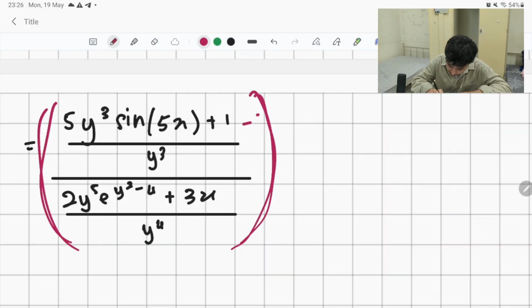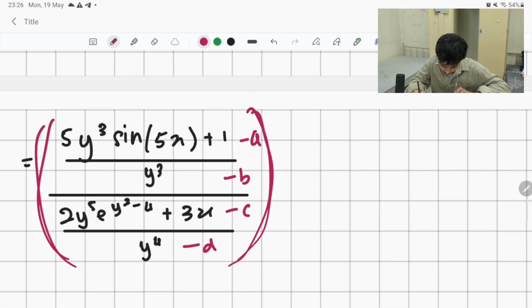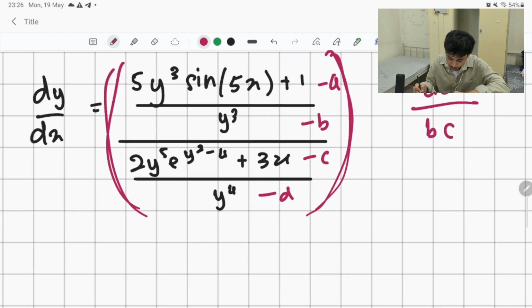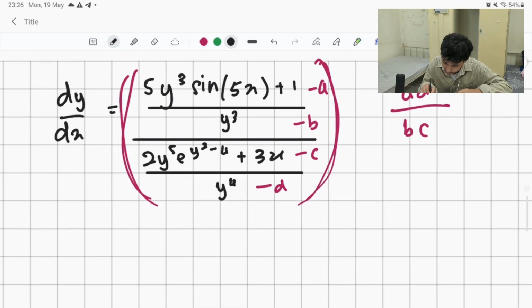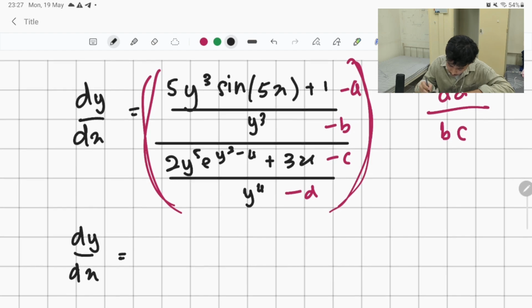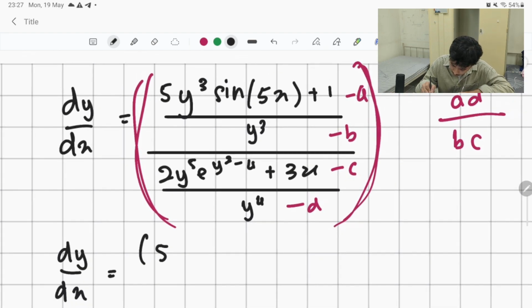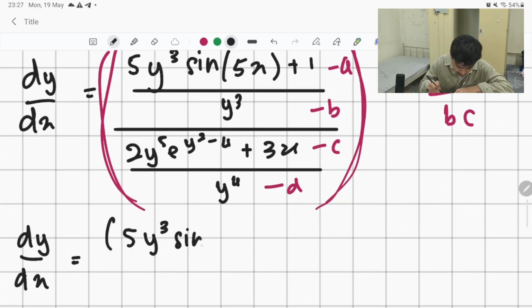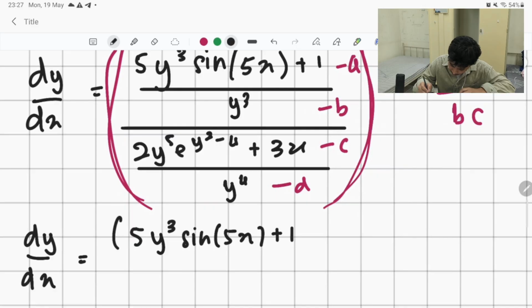We assume that this is A, this is B, this is C, and this is D. So first we need to do A multiplied by D over B multiplied by C. When we put the values inside the formula, we get dy over dx equal to, we assume that this whole expression is A, so 5y cube sin 5x plus 1.